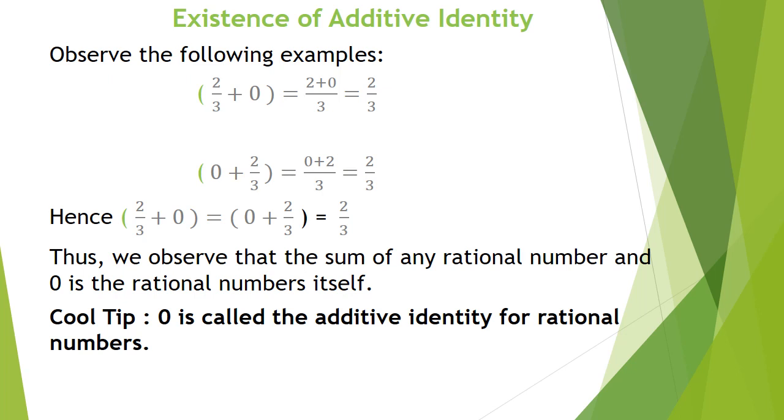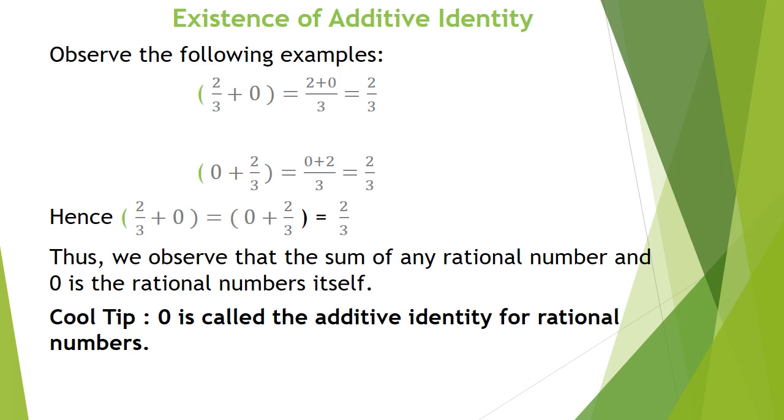Observe these examples. 2 by 3 plus 0. We know that if we add 0 to any number, we get the same answer, that is, the answer will be 2 by 3. And on the other side, if we add 0 plus 2 by 3, that is, if we take the sum of 0 and any rational number, then again we get the same rational number.